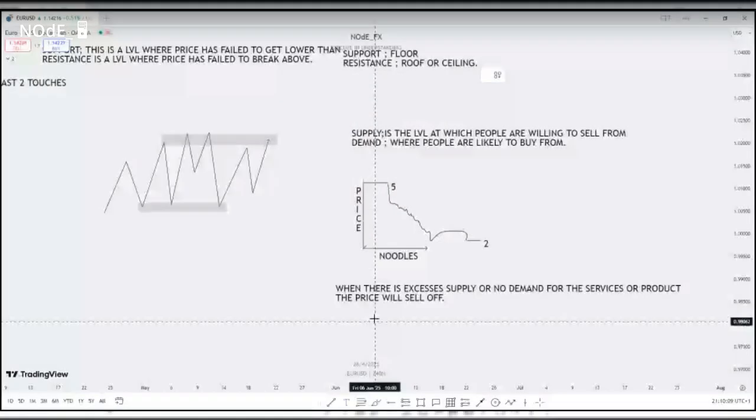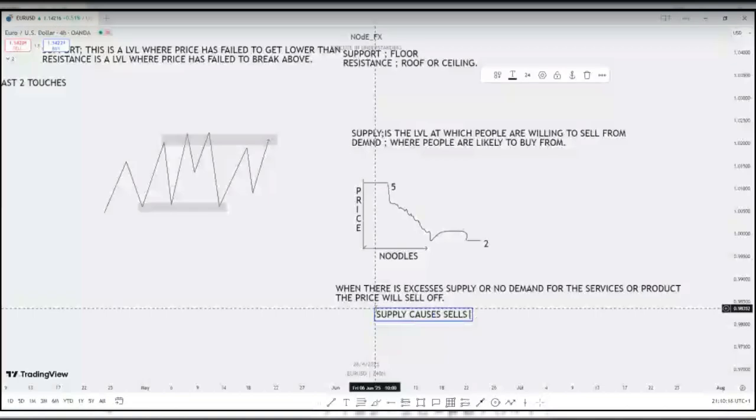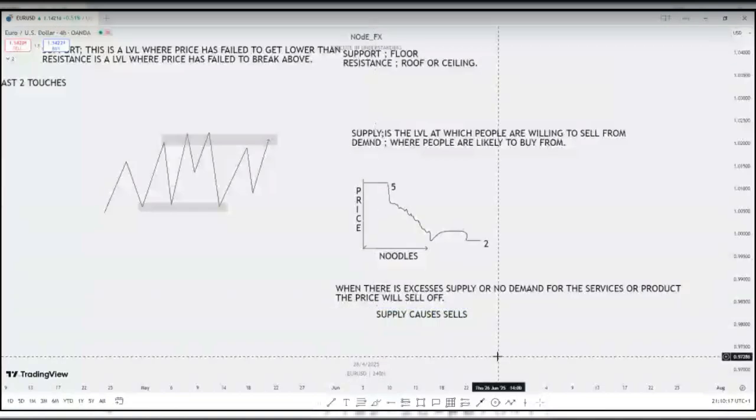Supply causes sales. Now, before you skip this part, I want you to understand that the reason why I'm explaining this is to your own help.